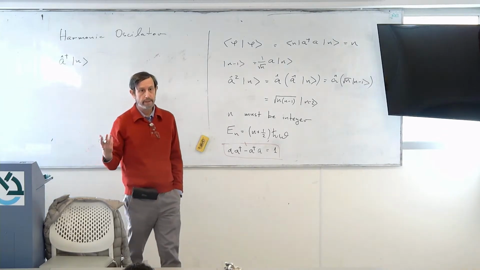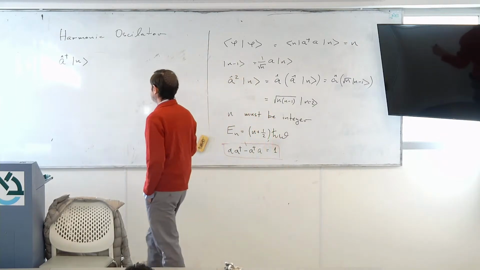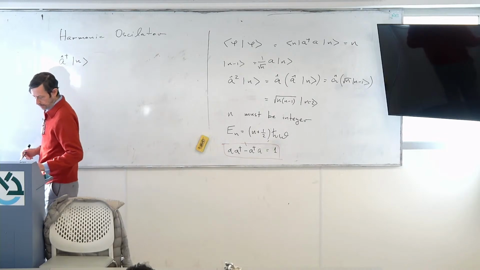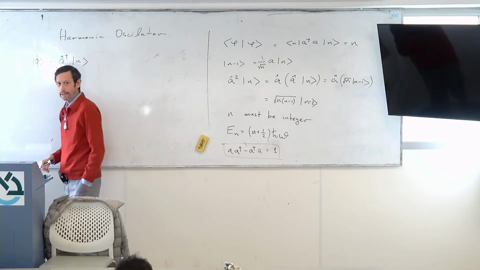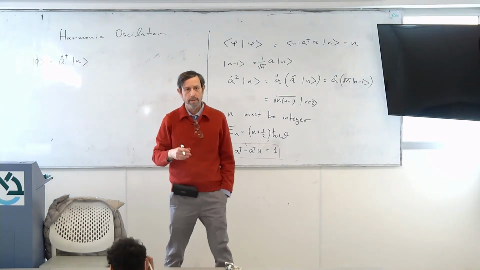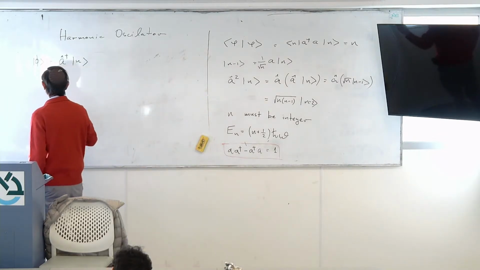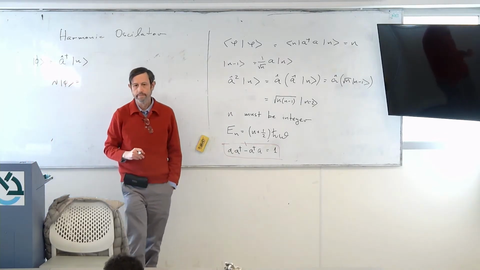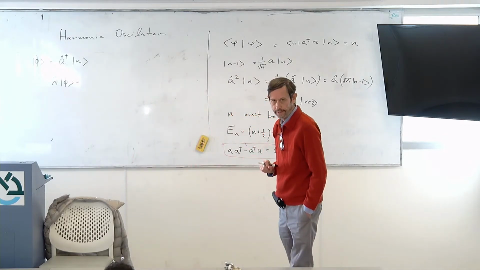Just by the definition of what it does, let's play our usual game. Define a different phi, which claims that n of phi is also an eigenvector of n.